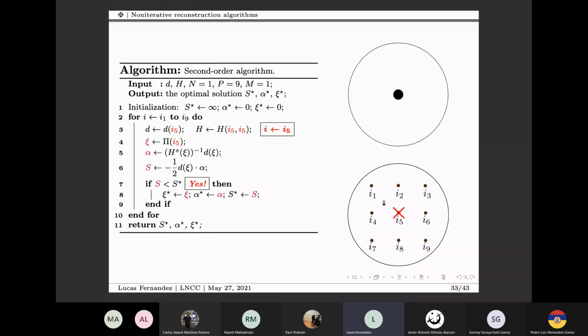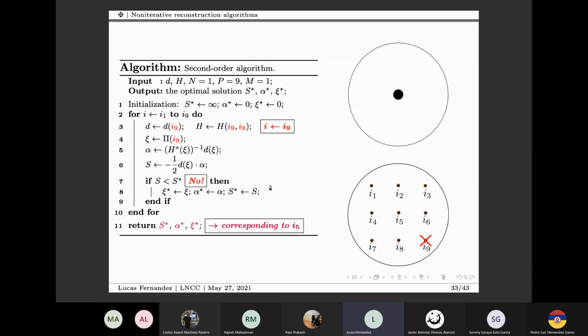We must consider the next nodes because we are dealing with an exhaustive search over all the nodes over the set X. So if our methodology and the algorithm itself work well, then the nodes I6, I7, I8, and I9 are not new candidate points to the global minimum, and the optimal solution stores the value of S, alpha, and Xi corresponding to the node I5.